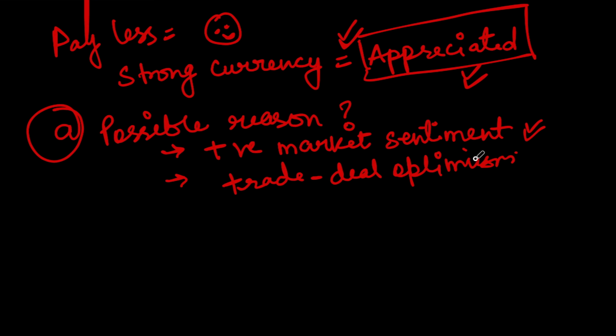So if there is some optimism that we are signing a deal with European nations, or with other countries, any optimism on this front will give us a better edge, which means it will give some positivity for investors. Okay, so this can be another reason. Either you know it yourself and write it down, or if you read the case study which is given to you, you'll be able to draw certain reasons even from it. So half is your knowledge and half is the application part.